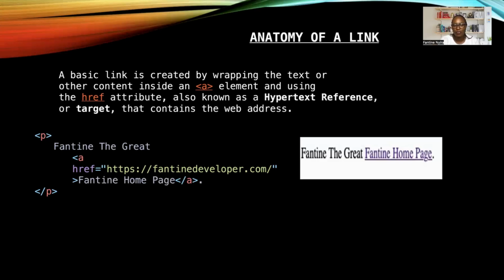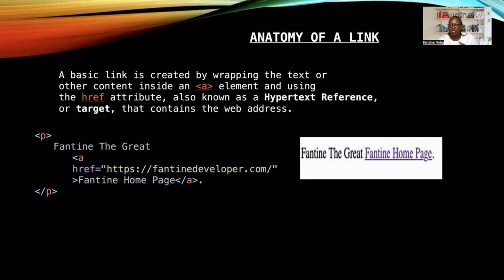Here we put Fantine the Great inside the paragraph, and then inside the anchor tag a text called Fantine homepage. You see, it's different from Fantine the Great, because Fantine the Great is inside the paragraph, but Fantine homepage is inside the anchor tag. Whatever you put in the anchor tag will look blue before you click on it, and it will be underlined.